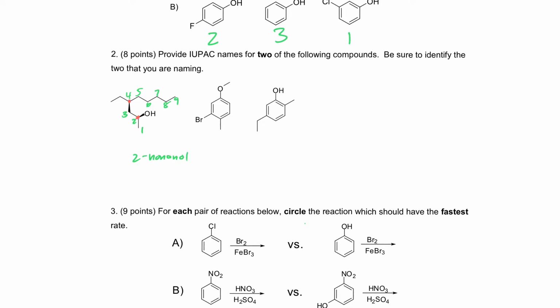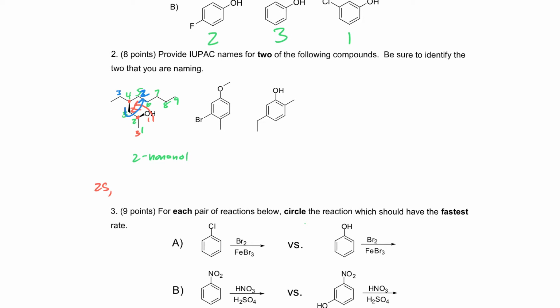So if we look at carbon 2, the priorities are as follows, and that gives us an S, so we would have 2S. And at carbon 4, let's change colors. The priorities at carbon 4 would be the chain bearing the OH, then the longer chain, and the shorter chain.